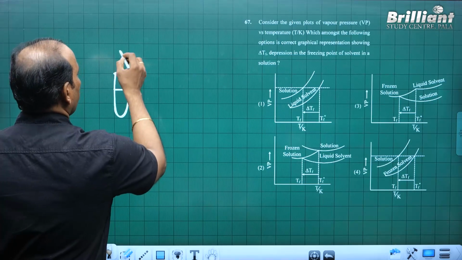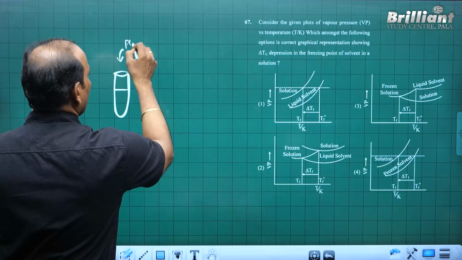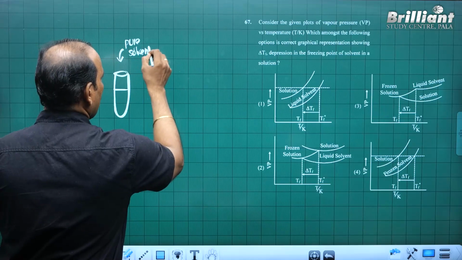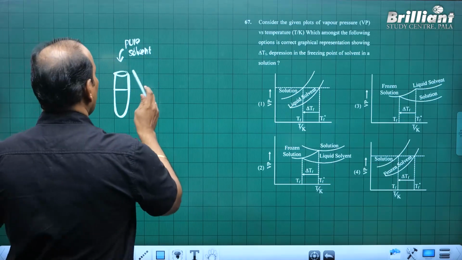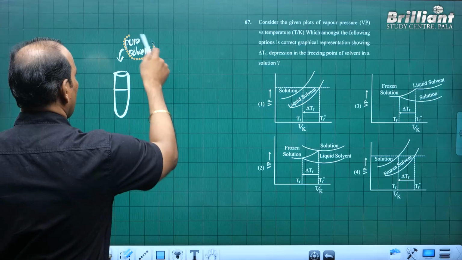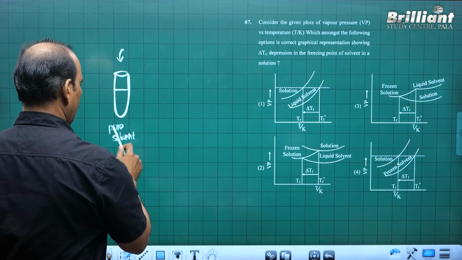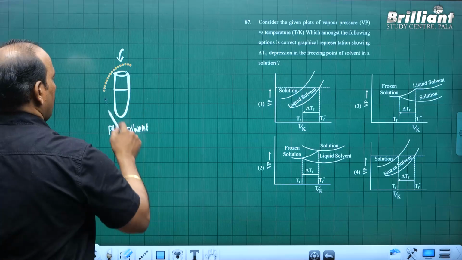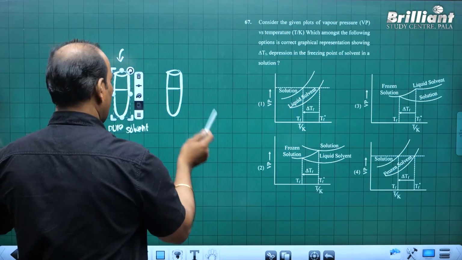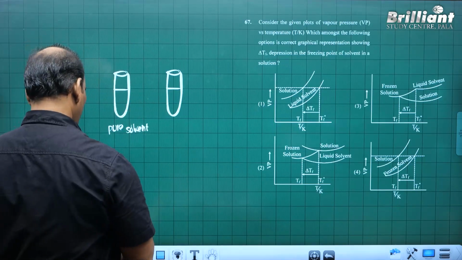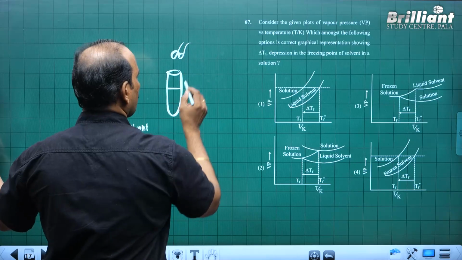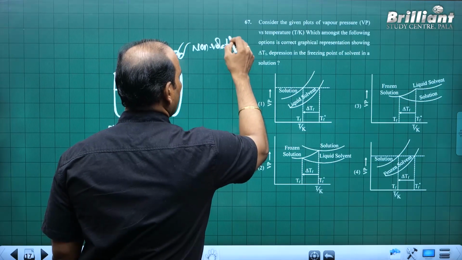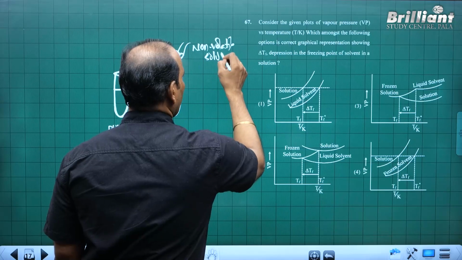This is pure solvent, and then you are adding a spoon or 2 spoons of non-volatile solute.